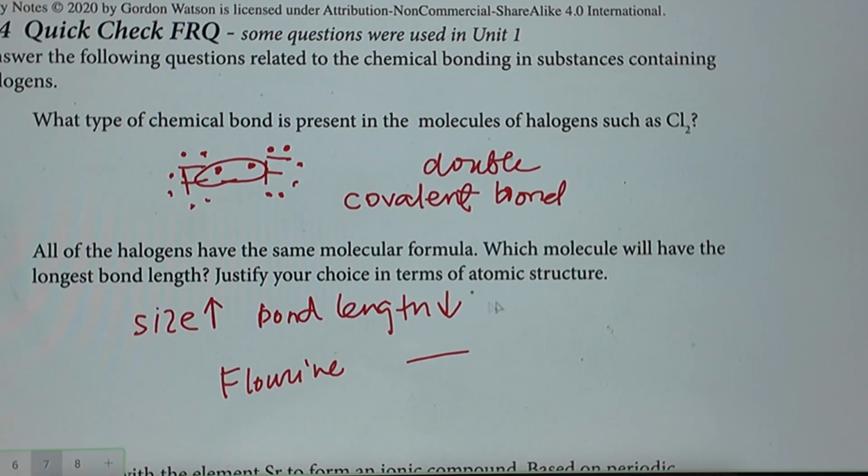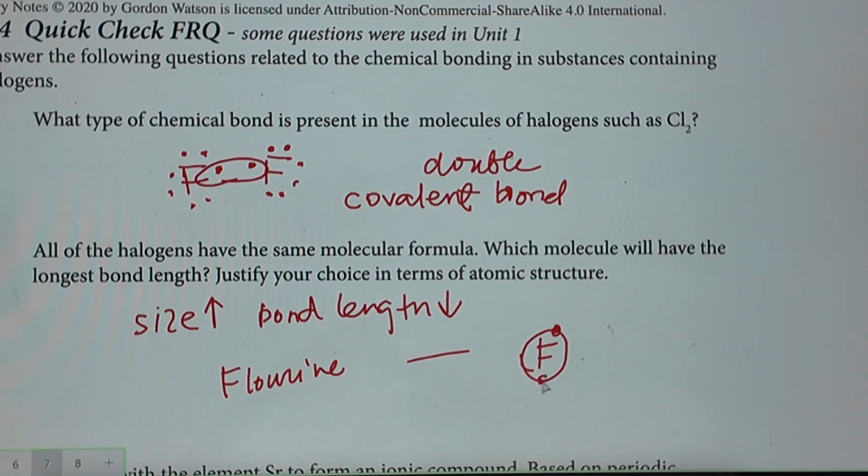So in atomic structure, if you look, fluorine has the first shell of 1, 2, and then the next shell it has 1, 2, 3, 4, 5, 6, 7. So there's less, what do they call them?